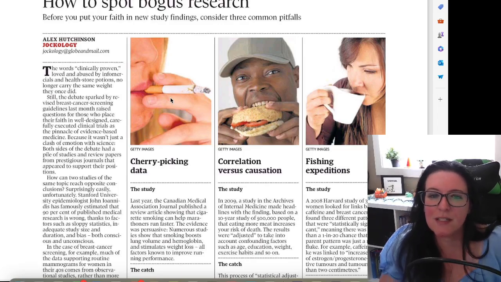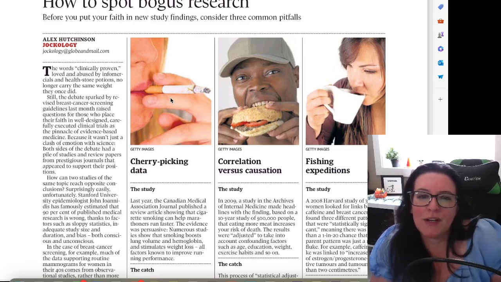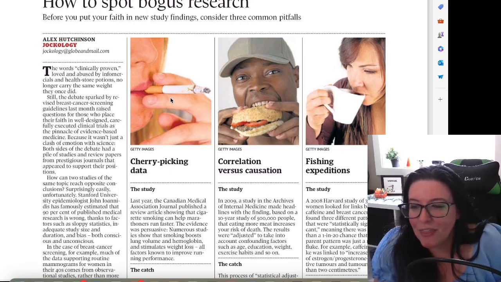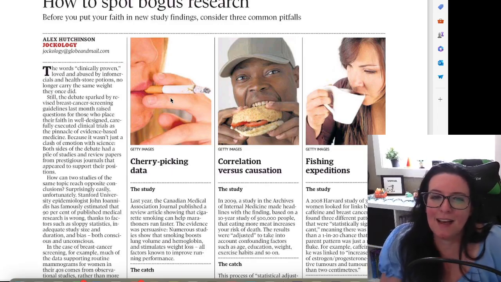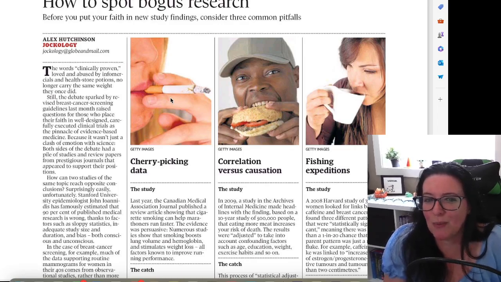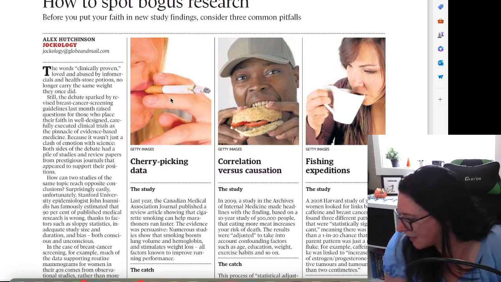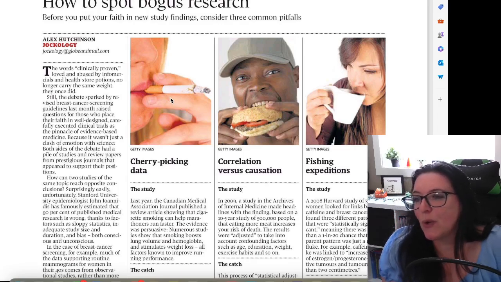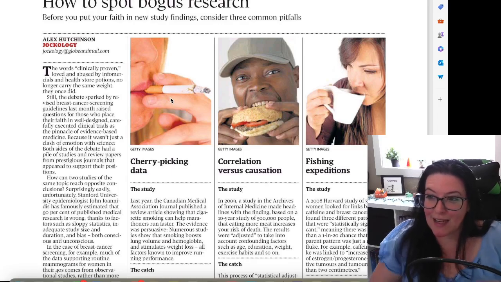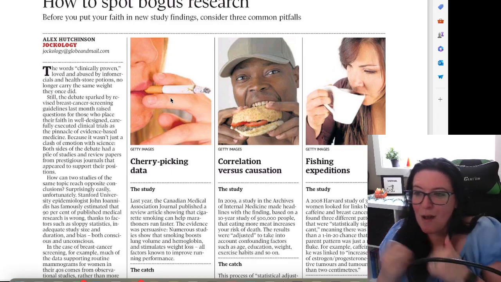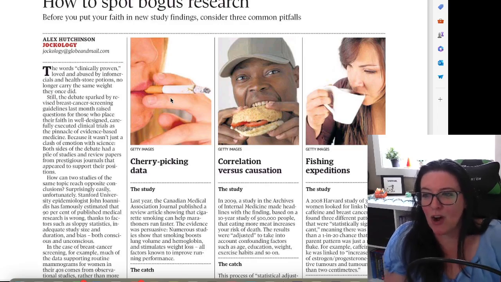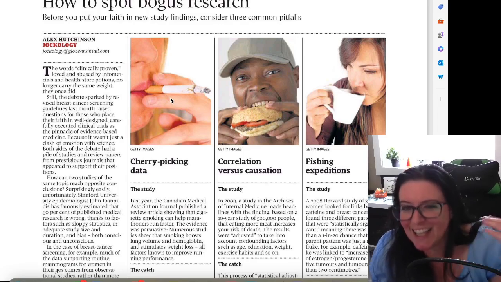The other article here says eating meat increases the risk of death, and that it has a much greater impact on the risk of death than car accidents and guns. So the key here is that we can measure correlation, that is when things move together, but it doesn't necessarily mean causation, that one is causing the other.